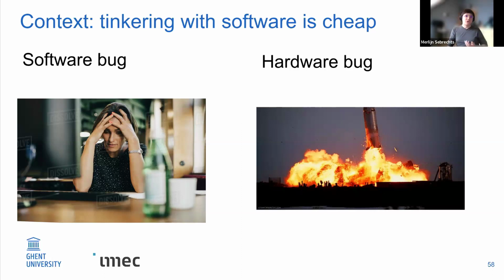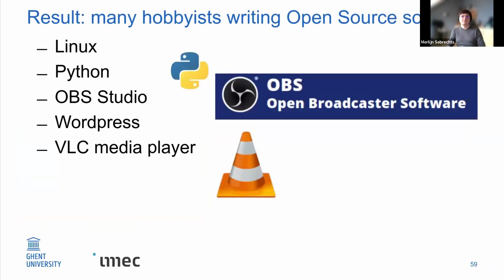Because of that, a lot of volunteers can actually help with developing software because, again, the only thing they need is their laptop, and they can even find bugs simply by running it on their laptop. As a result, there are so many volunteers writing open source software. With Linux, I think something like 20% of Linux kernel developers are doing it as volunteers, as a hobby.